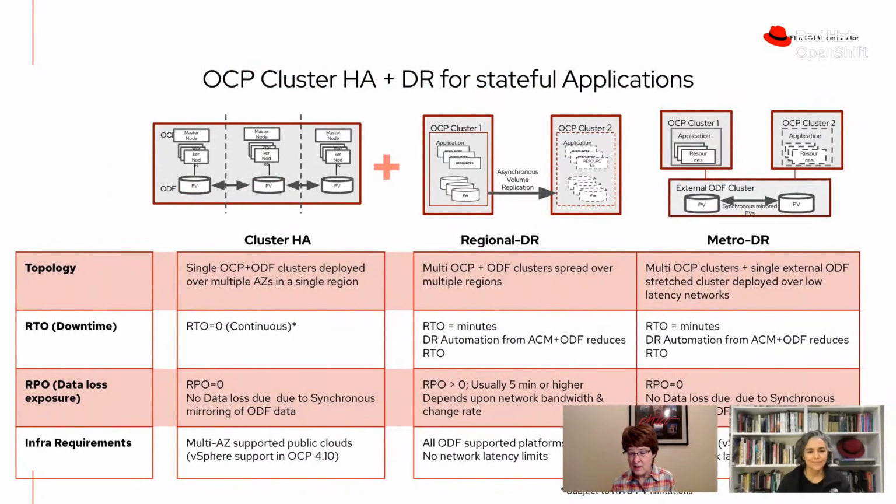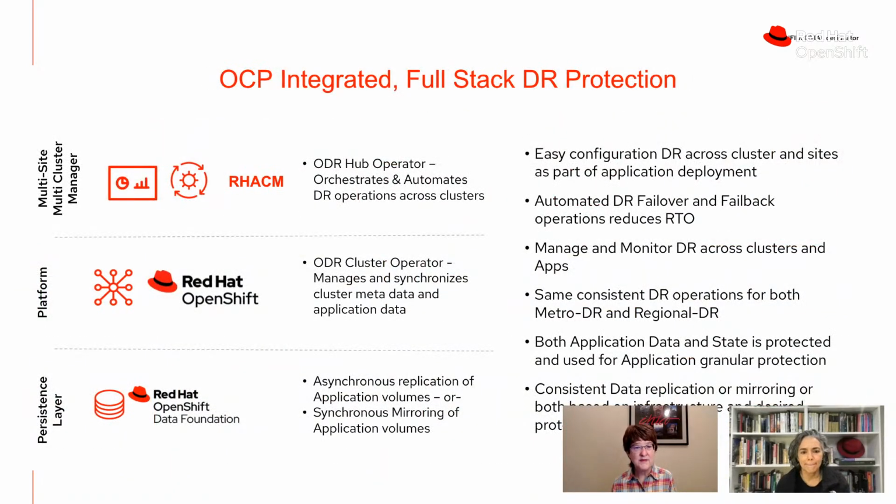Okay, we were here. Just finishing out, combining these solutions. In the middle we have the OpenShift disaster recovery operators. And on the bottom, we have OpenShift Data Foundation. What OpenShift Data Foundation is going to supply in this particular area is asynchronous mirroring.